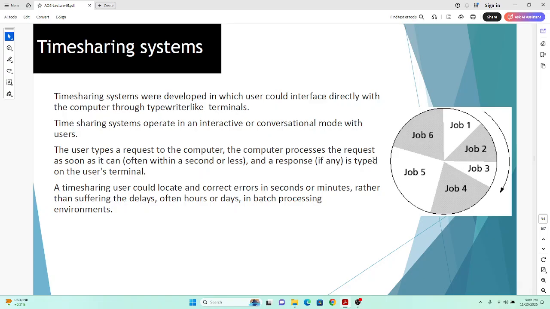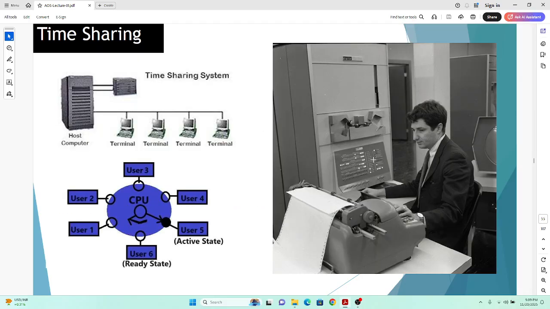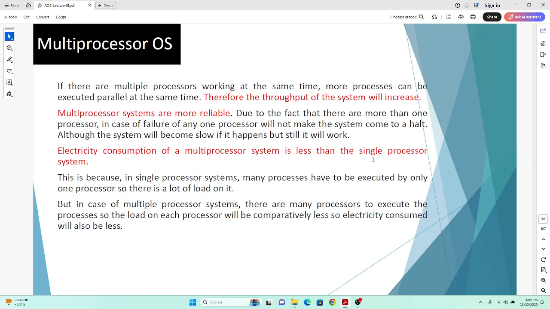So time sharing is basically allocation of different time slots for different jobs. As you can see, we have different users, each performing a job on the CPU and each is allocated different times. So this is time sharing system.